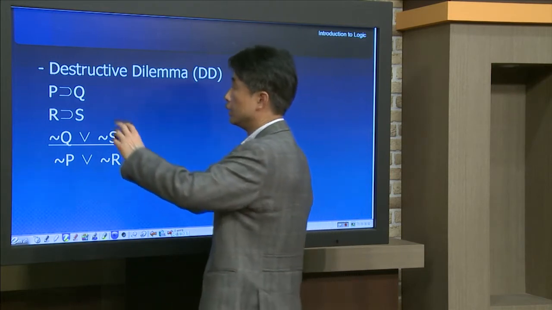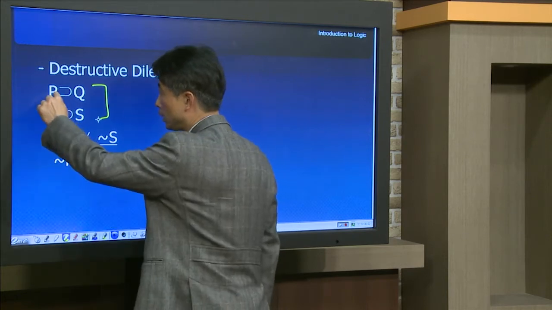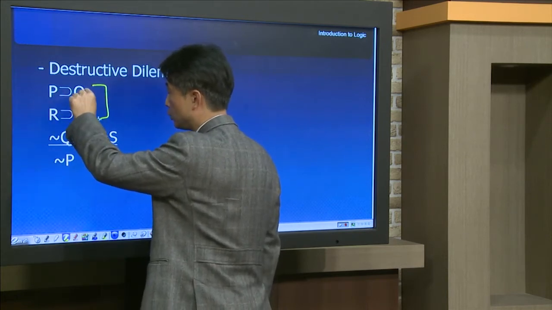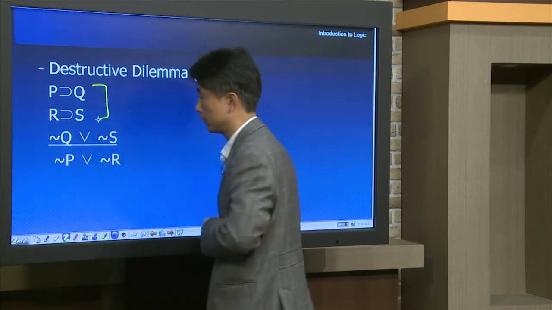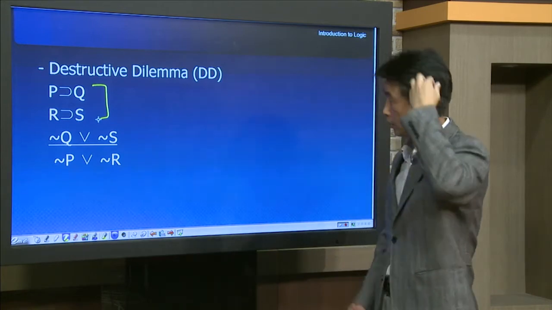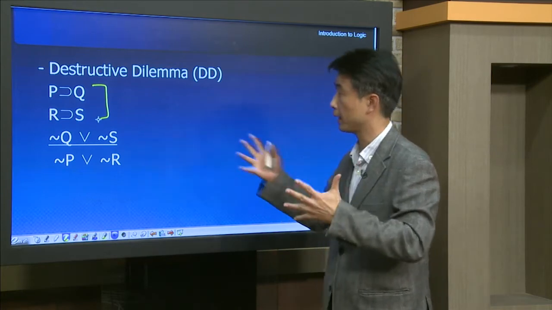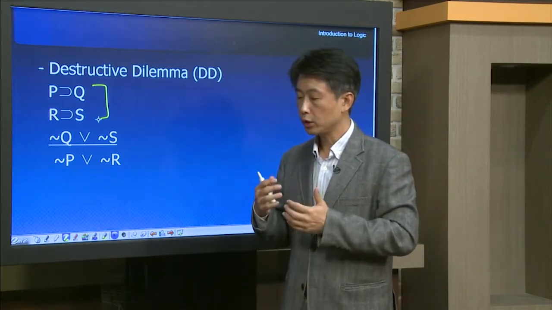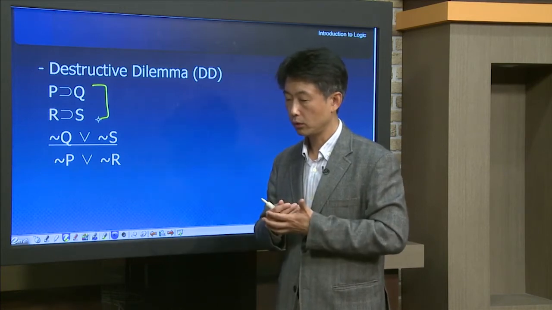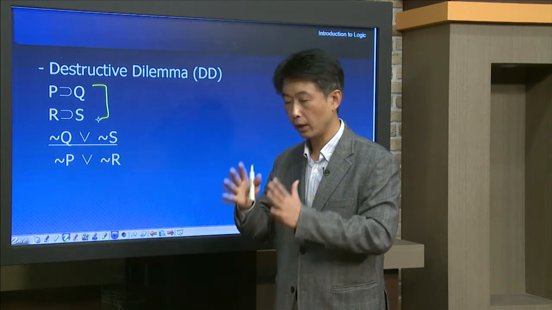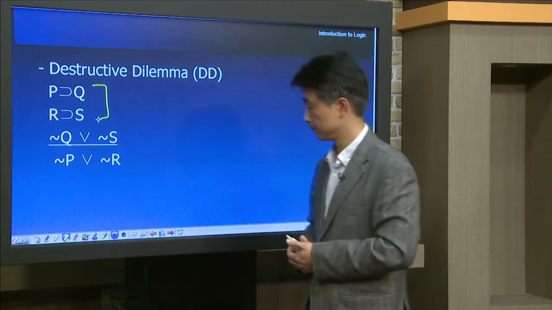Destructive dilemma: the conditional sentences are the same, but instead of P or R, you have not Q or not S, then you can derive not P or not R. You just have to familiarize yourself with these patterns. Whenever you see these patterns in a concrete argument, you should be able to say, I can derive this by using such and such rule.